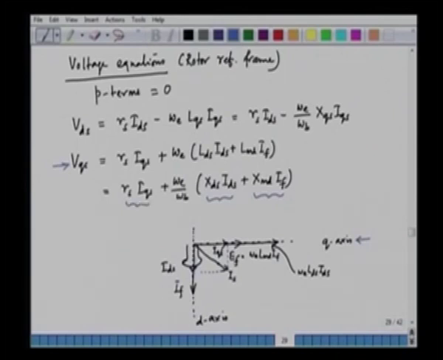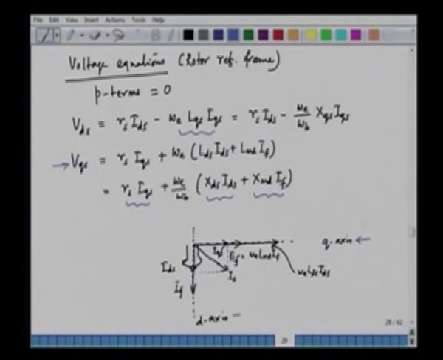So let us come to the d axis. In the d axis, what we have here is minus of omega e LQS into IQS. Now, the q axis here is vertically downwards. This is our d axis. Minus of omega e into LQS IQS is opposite to the d axis.